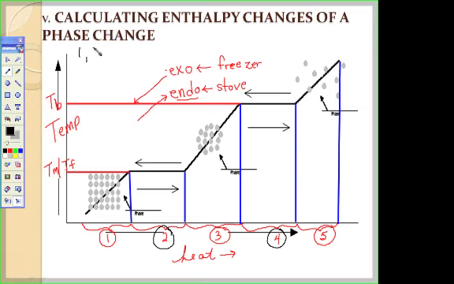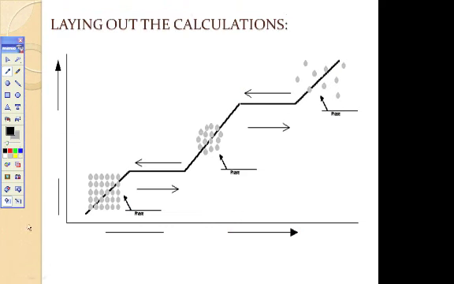So for 1, 3, and 5, we're going to use the formula heat is equal to mass times a constant times the change in temperature. In 2 and 4, I'm going to give you a constant, and we'll use dimensional analysis to solve the mathematics with that constant. So let's go on and see these formulas in action.